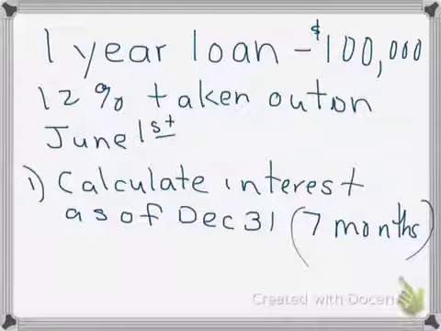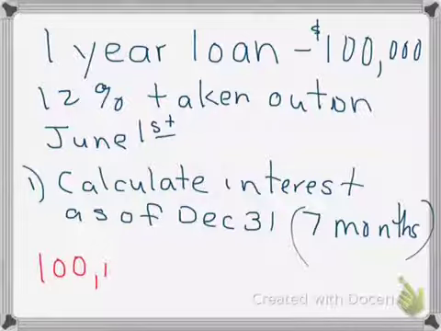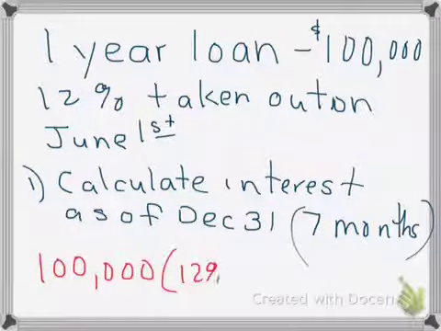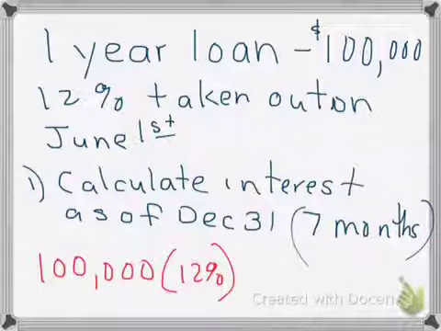Once we have that figured out, we can look at how much the interest is going to be. We take the principal, which was $100,000, and multiply it by the rate, which was 12% for a whole year. That would give us $12,000 for the whole year, but we don't need the whole year.